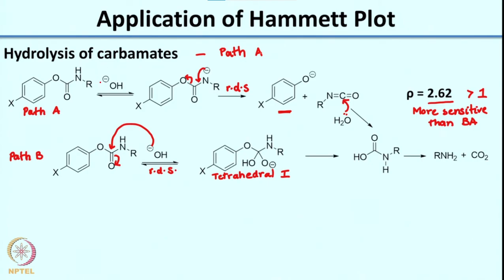Now if the reaction proceeds via path A, sorry, here OH minus will act as a base, and it will abstract the proton from the nitrogen, and a double bond will form here, which results in the formation of this O minus ion, the phenoxy ion, which we can call phenoxide.